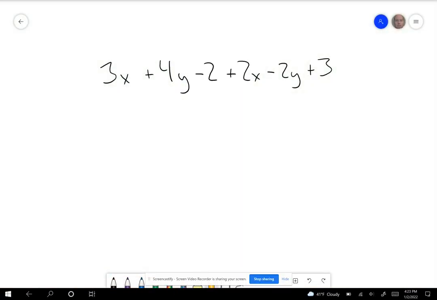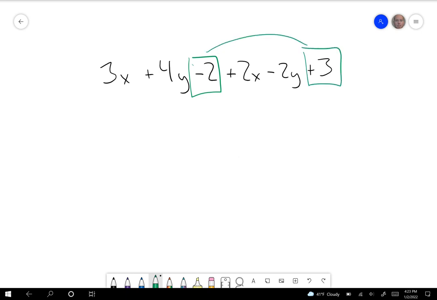Let's take that sort of thinking and put it to work in an expression. Take our constants, negative 2 and 3, add them together to get 1, and let's put that out of the way for now.